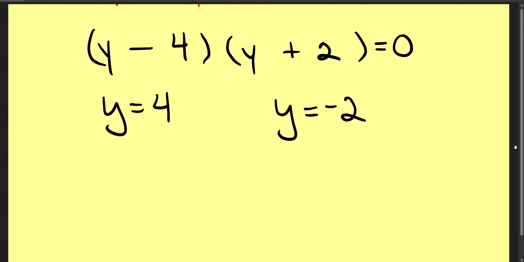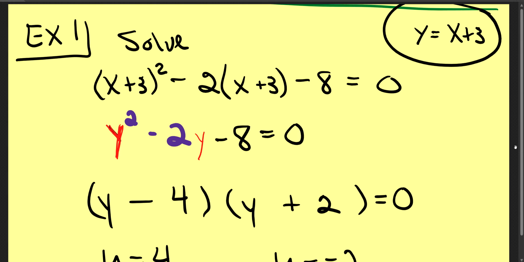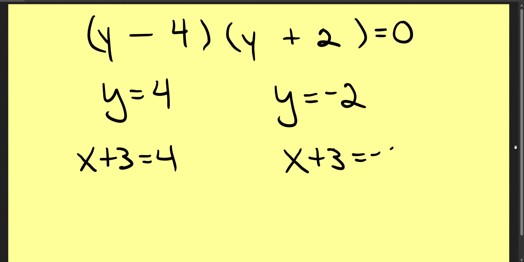But we're not solving for y, we're solving for x. So now I've got to replace the value of y in these two equations. We said earlier that y equals x plus 3, for clarity's sake only, to make this factoring a little bit easier. So if y equals x plus 3, I'm going to put x plus 3 equals 4, and this one, x plus 3 will equal negative 2.